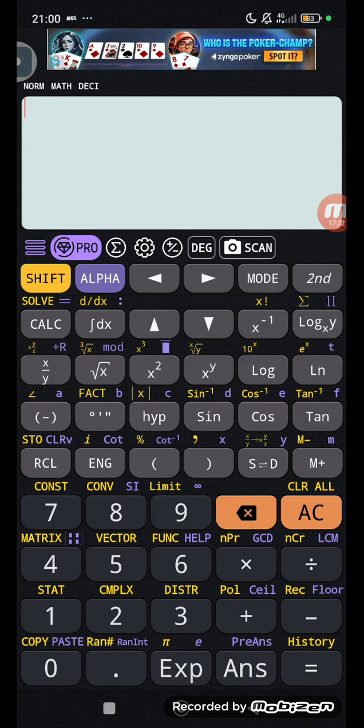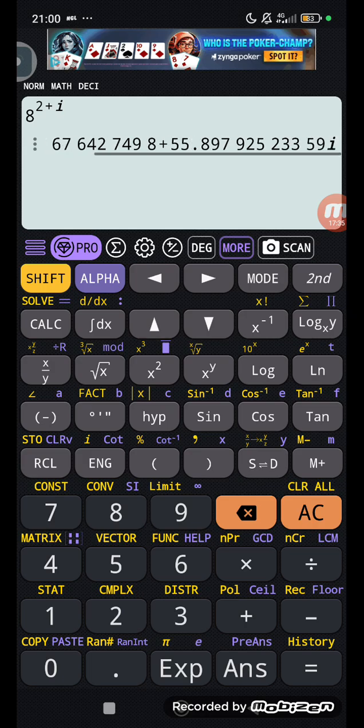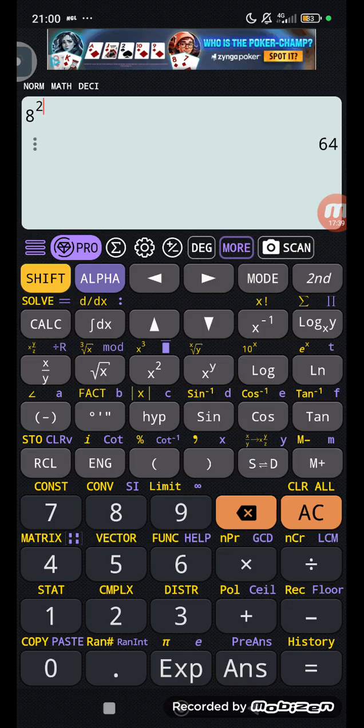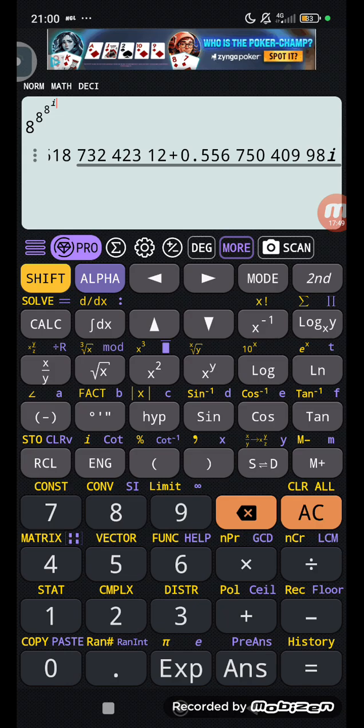But what if we want another number, 2 tetrated to 2 plus i? Okay, so we use the same thing. Well, that's a pretty big number. 2i.